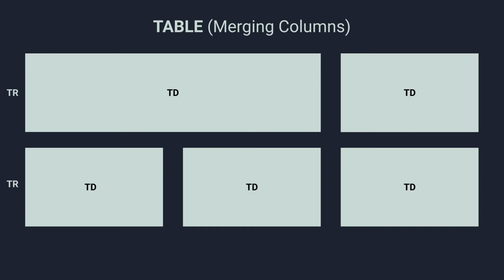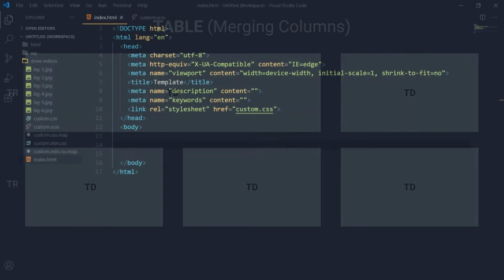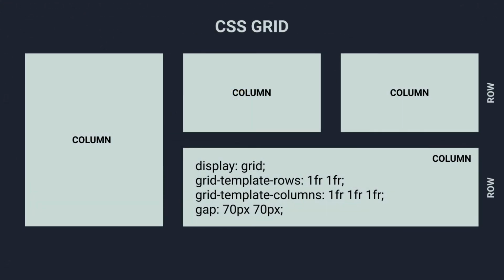Let's say you have to merge a part of second row with some part of first row. How would you do that by using Flexbox? You cannot. This is where CSS Grid helps. CSS Grid lets you create more flexible layouts than CSS Flexbox.